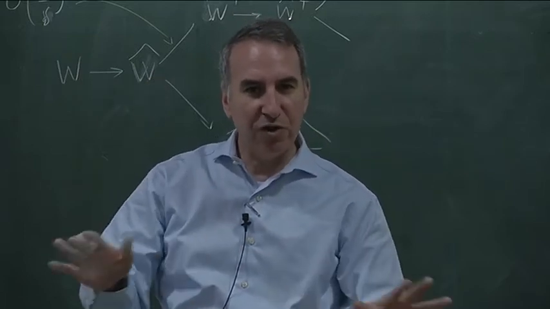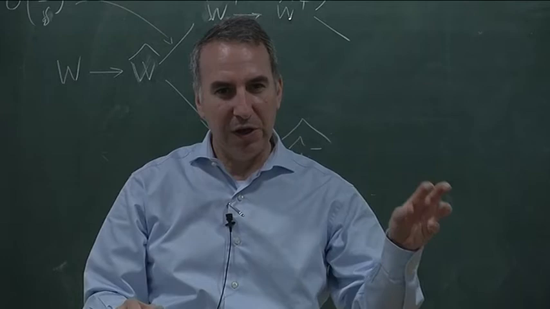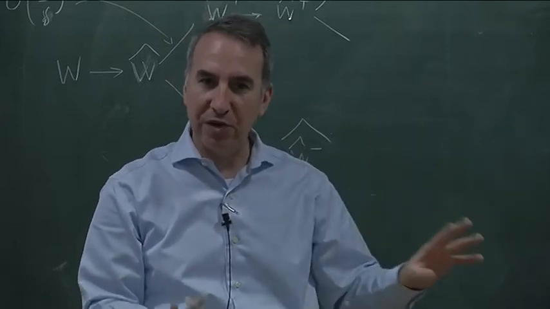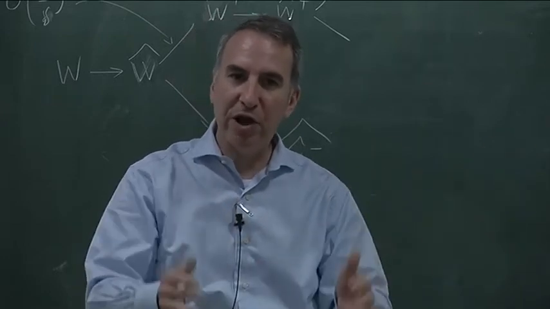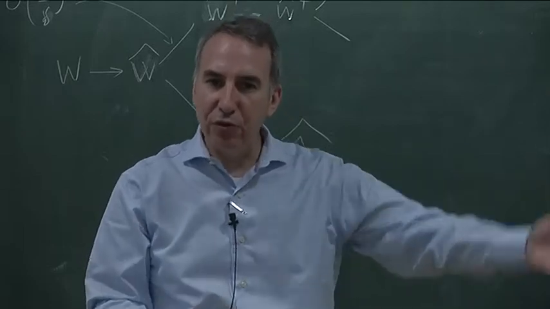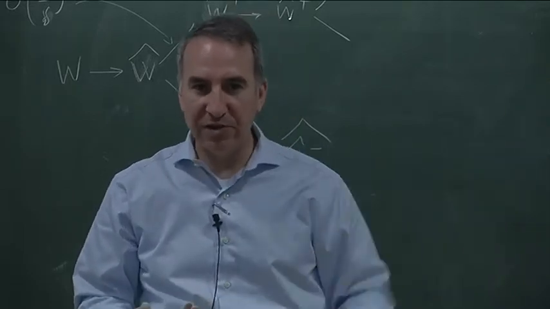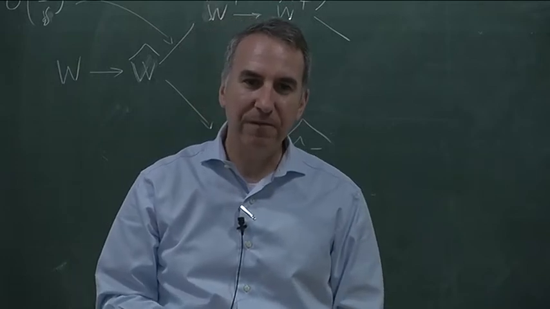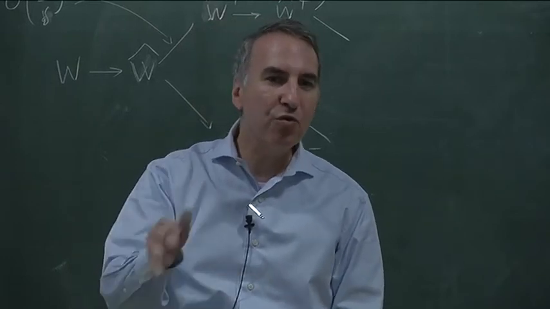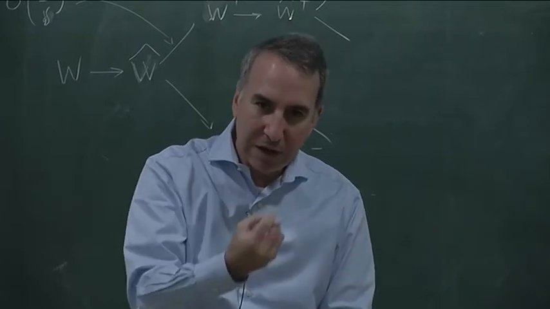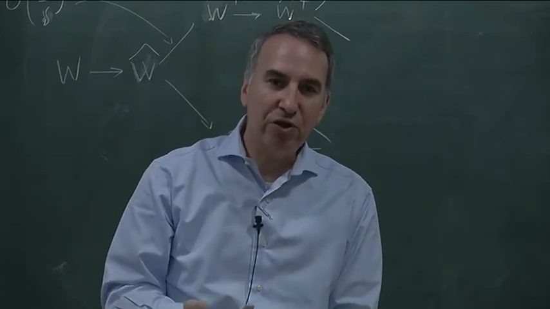So I'm not touching the groups of channels. I quantize the outputs of each individual channel I encounter in this tree process. It's not like I'm grouping the channels, I'm only grouping the channel outputs. And then from this new reduced channel, I continue polarizing it that way. So there's no grouping of channels, only grouping of channel outputs to take a channel and make it into a degraded channel.